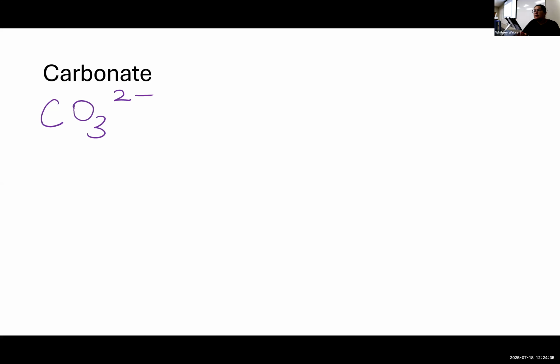All right, let's count the valence electrons. So carbon, there's one carbon, and it will have 4 valence electrons because it's in column 14. And it has a -2 charge. So do I add or remove electrons?